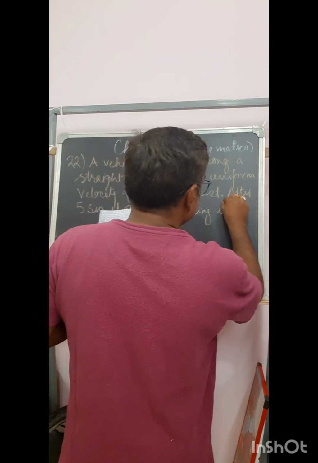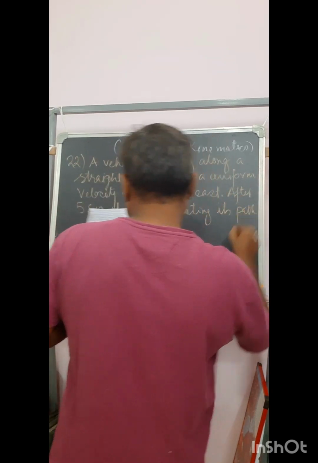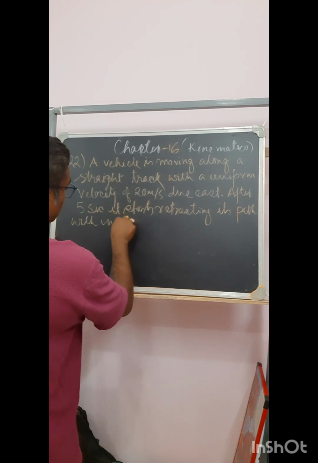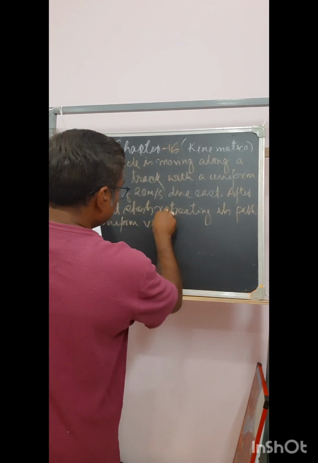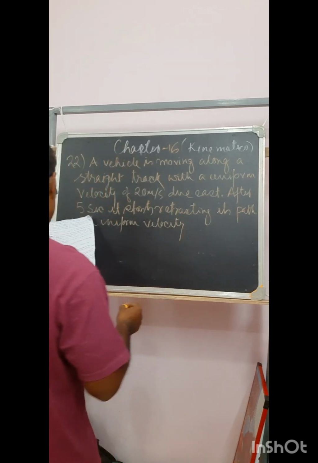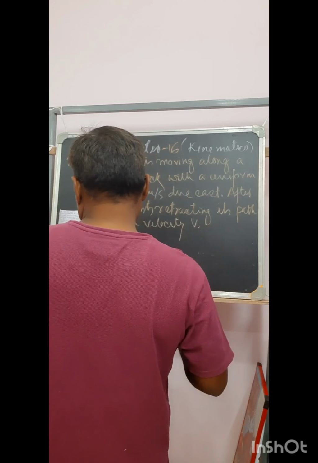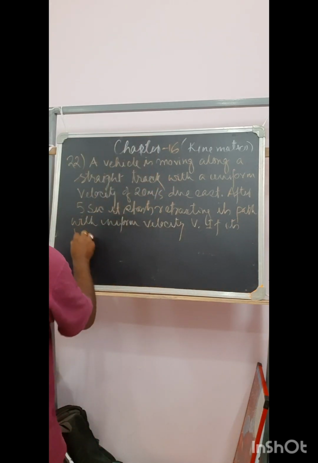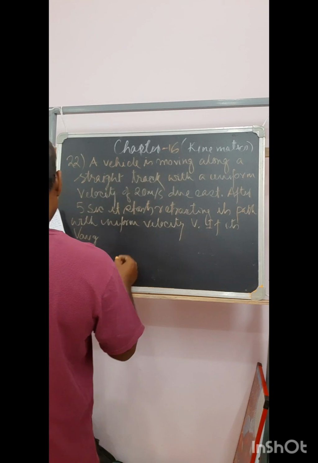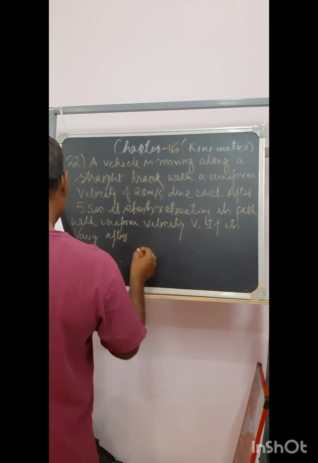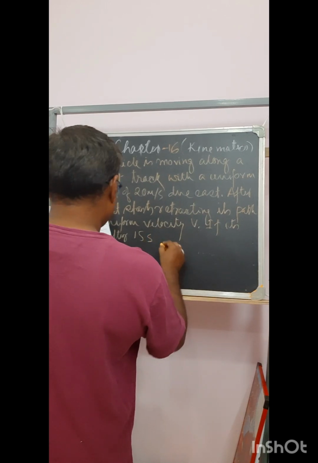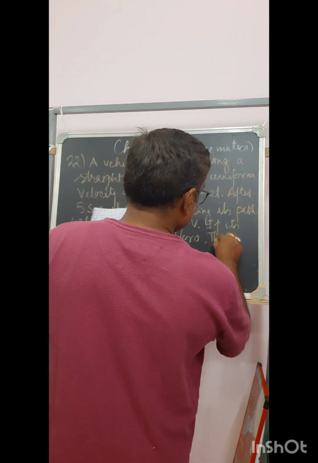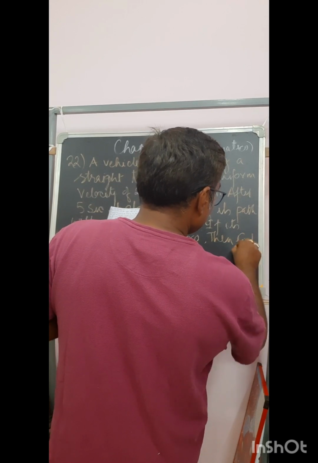Its path with the uniform velocity v. If its average velocity after 15 seconds is 0, then find v.